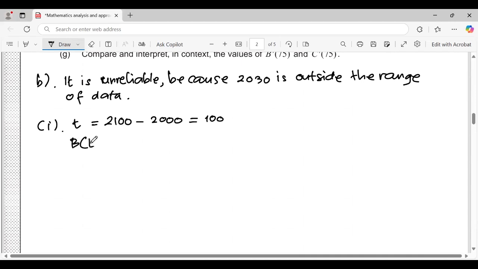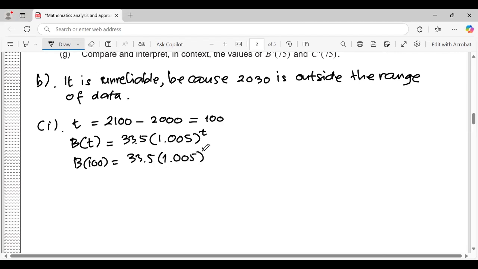And according to the information, the formula of Benoit is B(T) equals 33.5 times 1.005 to the power T. If we substitute 100 into this formula, it is 33.5 times 1.005 to the power 100.